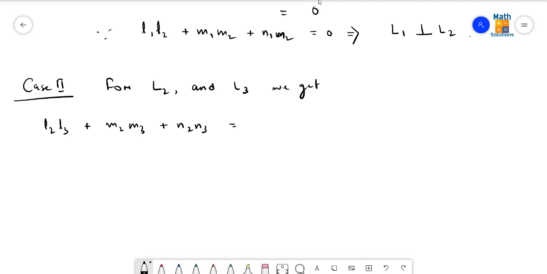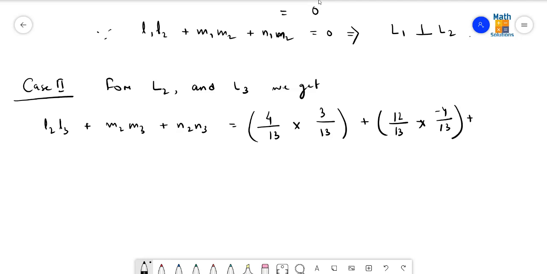Let us put the respective values now. It is 4 by 13 of course into 3 by 13. These are obtained from the question itself, in the question it is given. Then 12 by 13 into minus 4 by 13. Then we shall be getting 3 by 13 into 12 by 13.